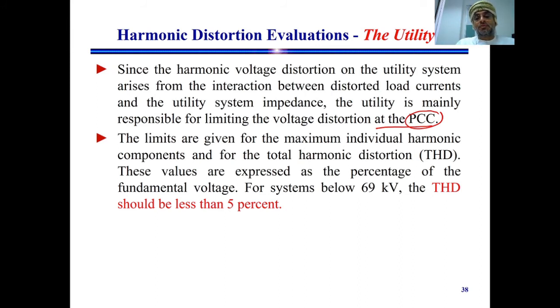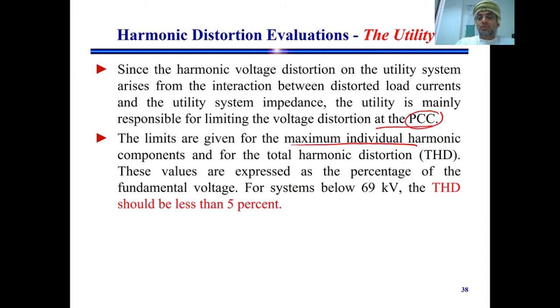The limits are given for maximum individual harmonic component and for total harmonic distortion. So the utility needs to make sure that the total harmonic distortion at the point of common coupling will be according to the standard, and also that the individual harmonics injected will be limited according to the standard.